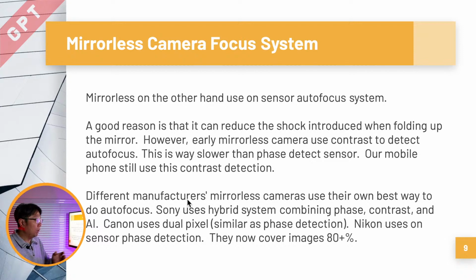Canon uses another way, what they call dual pixel focus, a little bit like phase detection. I personally find the Canon dual pixel focus is quite accurate. And even with the first gen of the dual pixel, it tracks quite well, relatively.